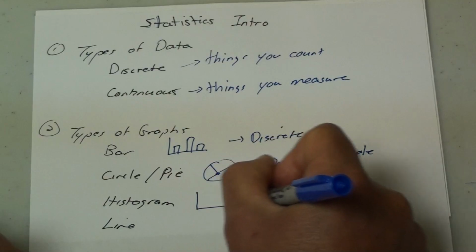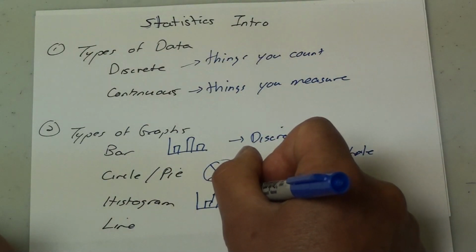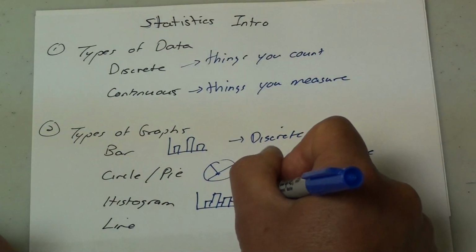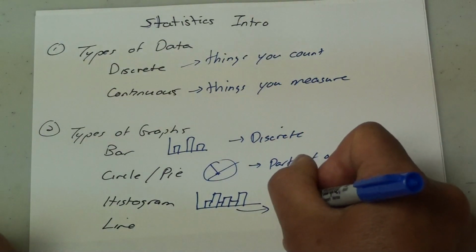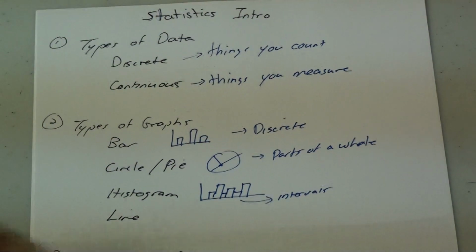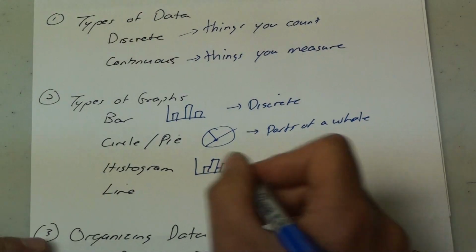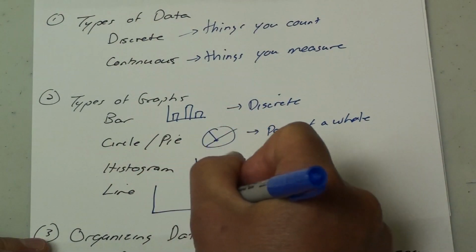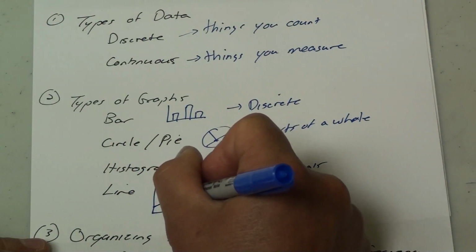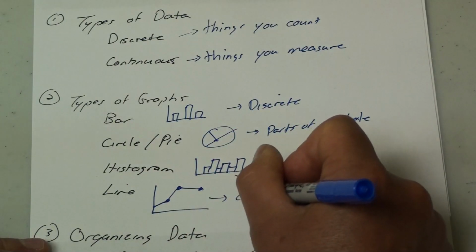You have histograms, which are like bar graphs, but there's no gaps between them. That's because you have intervals that are along the bottom, along the x-axis. This can also be used for some continuous data as well. And line graphs, which are also perfect for continuous data.